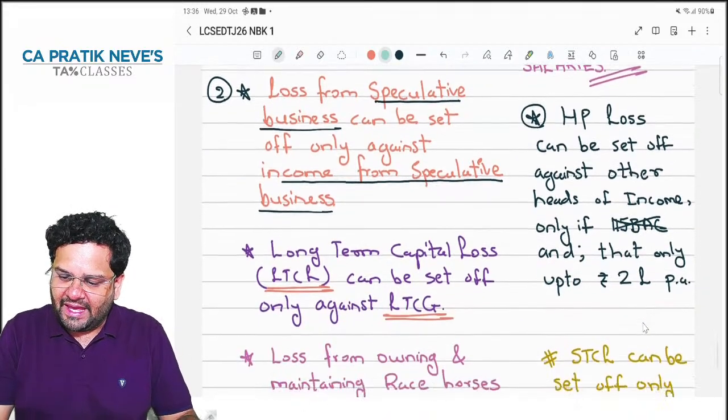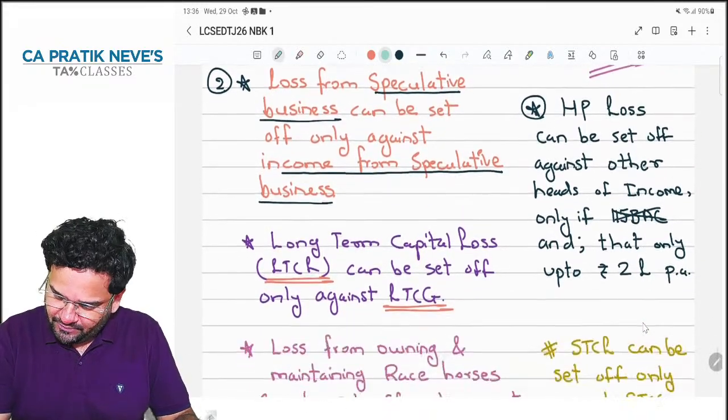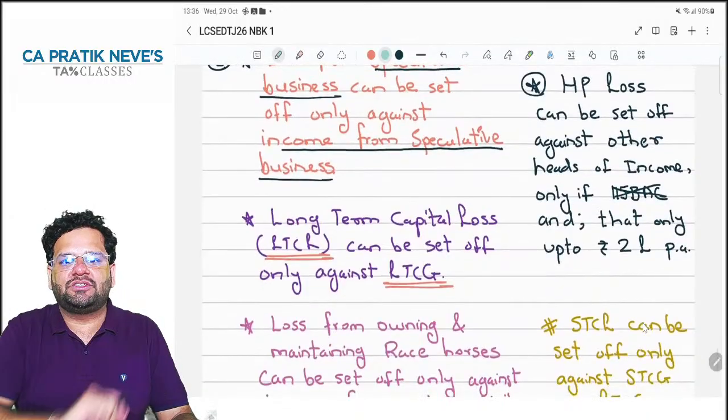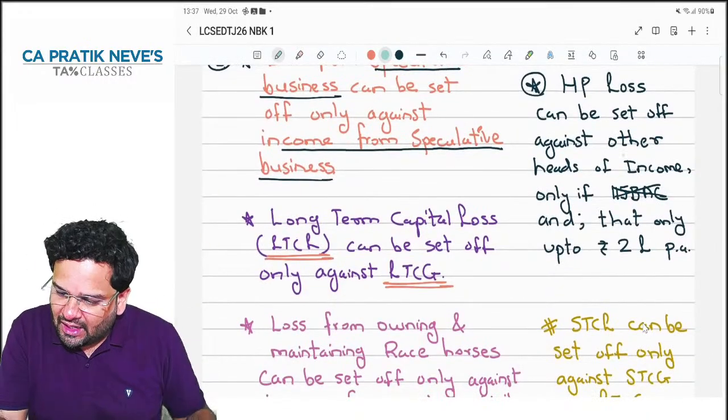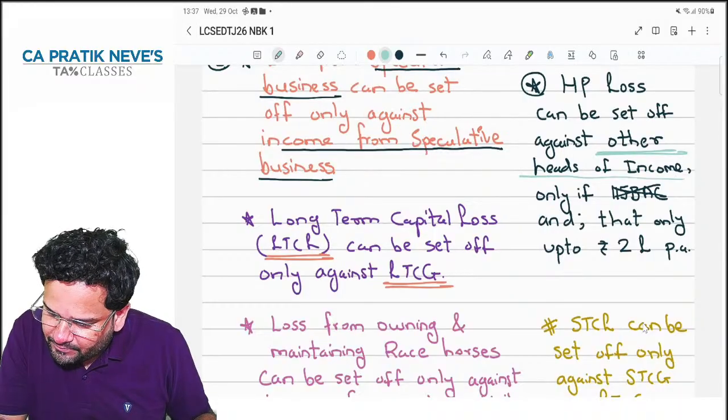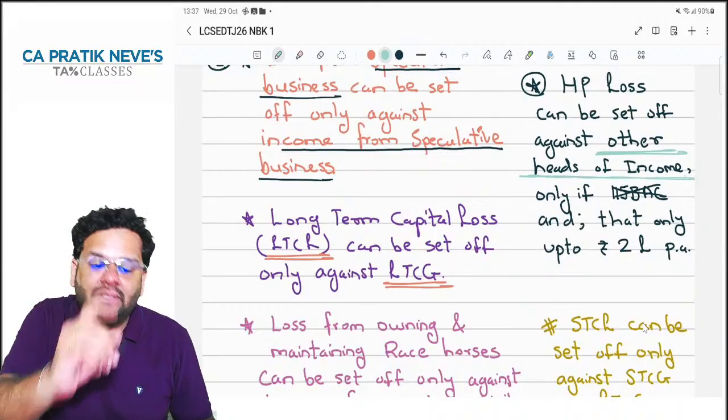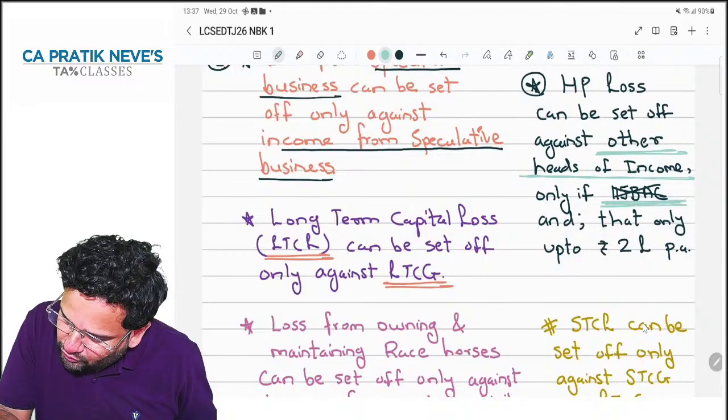Then the HP loss. HP loss can be set off against other heads of income. But very important, only if you are out of section 115 BAC.